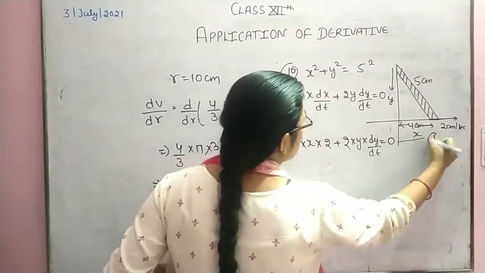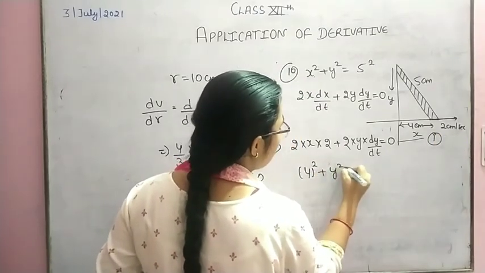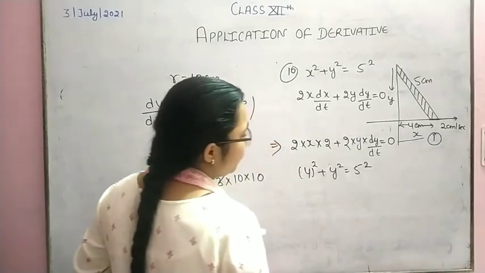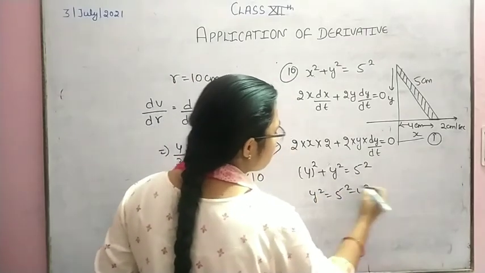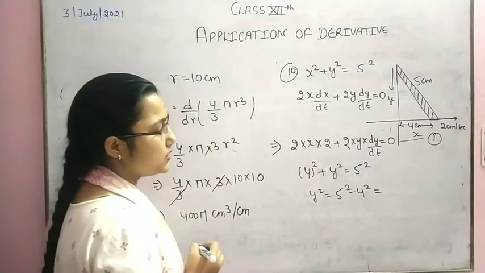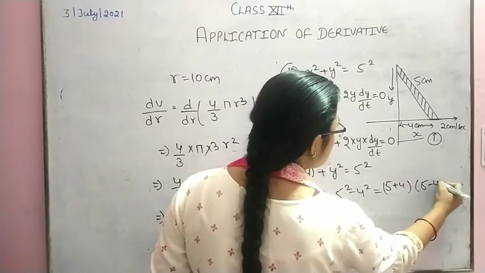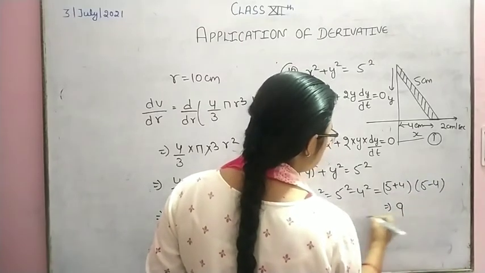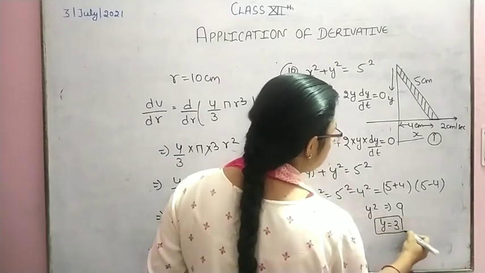This one is equation number first. x square is 4 square, and this is 5 square equals 5 square. So y square equals 5 square minus 4 square. Apply the identity a square minus b square, we get 5 plus 4 and 5 minus 4. So we get 9 here. That means the value of y is 3.